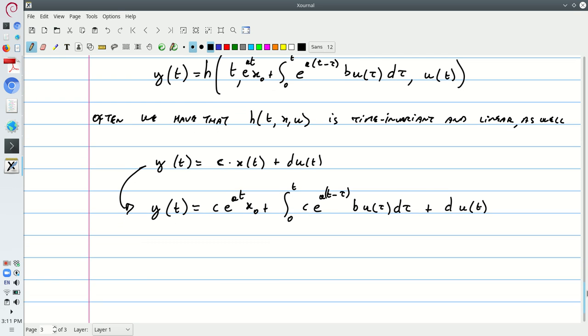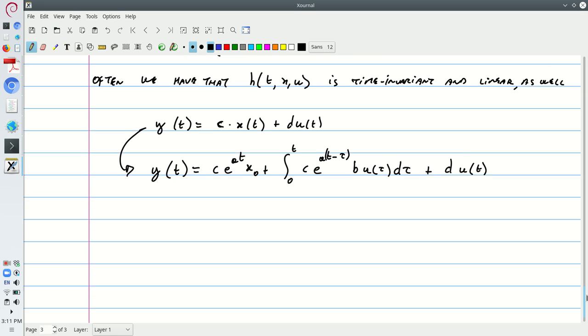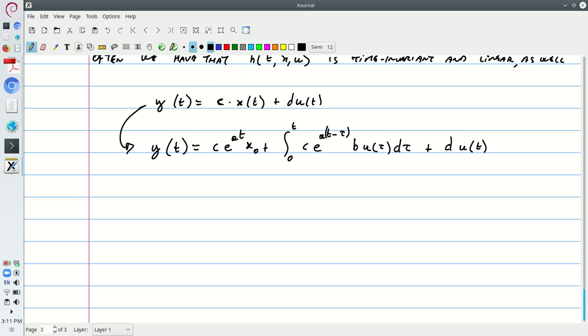So that's why it's important that the state dynamics is linear, and if the output equation is linear as well, well, that's icing on the cake. And that's also the reason why we mostly focus on the state when we have the state representation, because if we can somehow solve the system with respect to the state variable, then the output variable comes pretty much for free. So that's why we often forget about the output when we have the state representation, and we focus on the state.